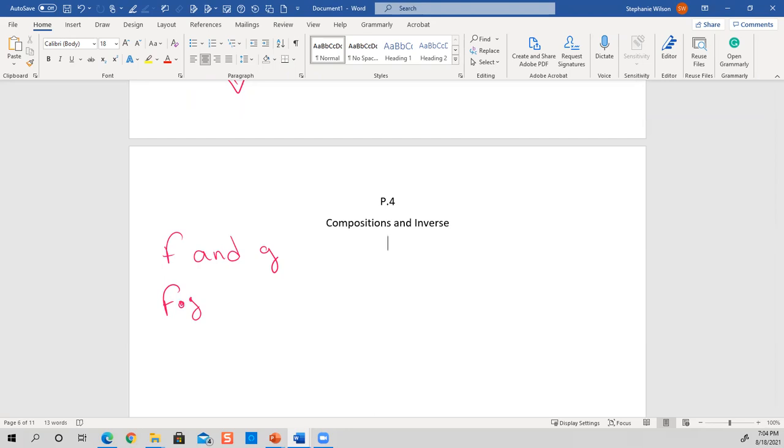This is called the function of f of g. It's also written as f of g of x. We're taking the function f and we're plugging g in everywhere we see x of f. It's going to be easier for me to show you this here in a minute.